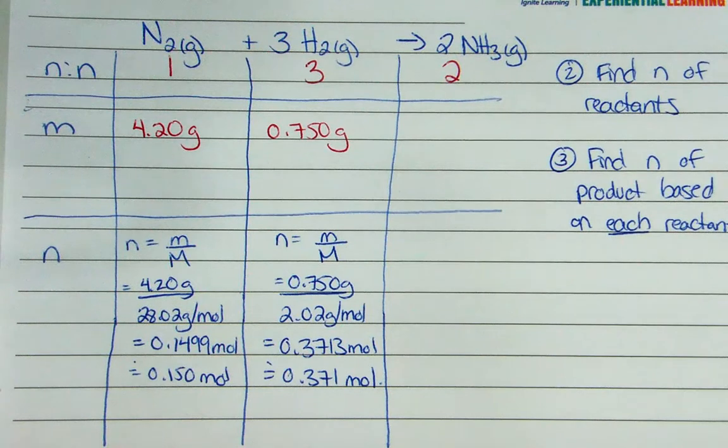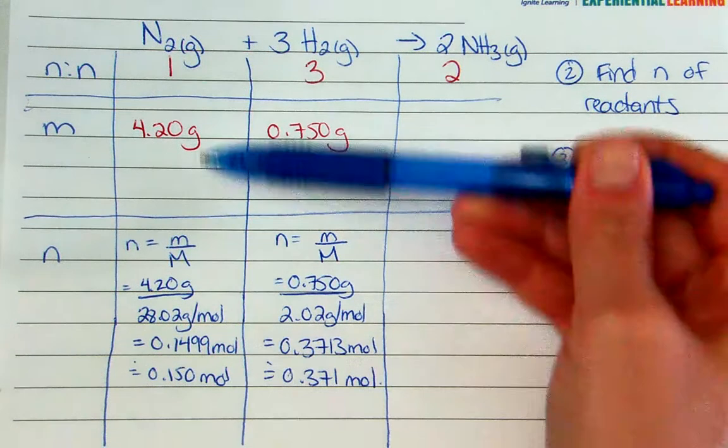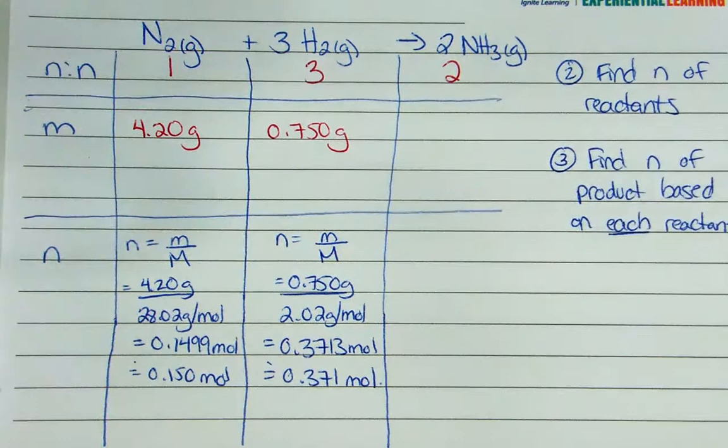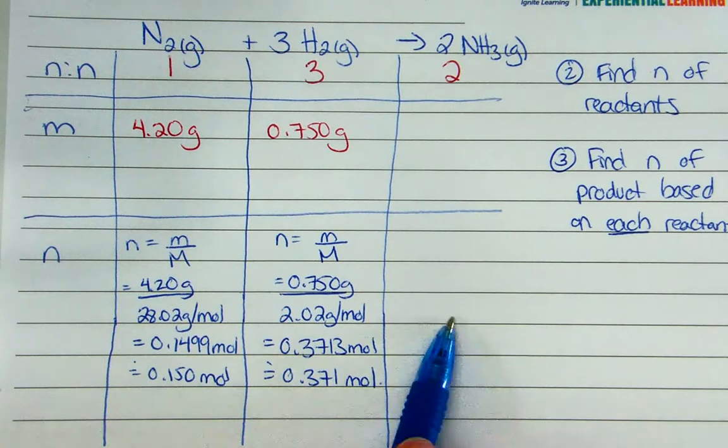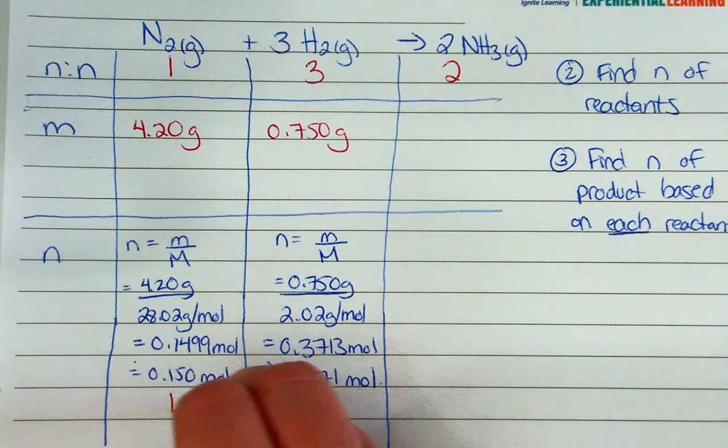What I can't do, and what a very common and easy instinctual mistake to make, is to say, oh, well, there's fewer moles of nitrogen, so that must be the limiting reactant. We need to compare to our mole to mole ratios. All right? So the option I'm going through right now is showing how much product it would produce. I'll show you another comparison you can make as well after.